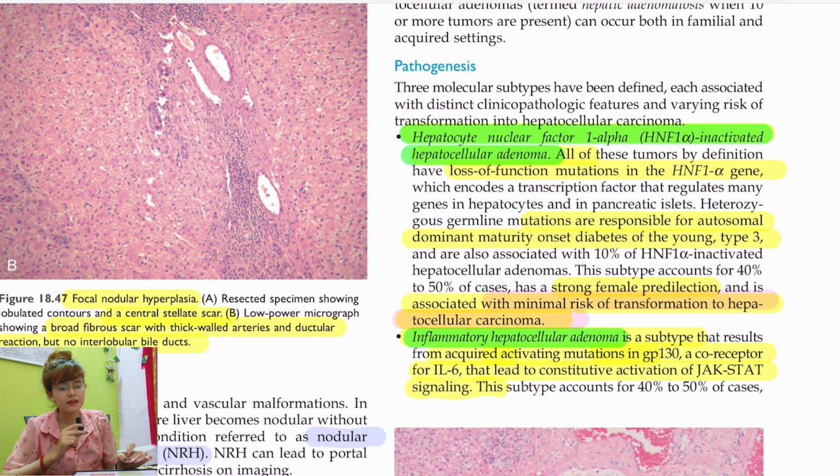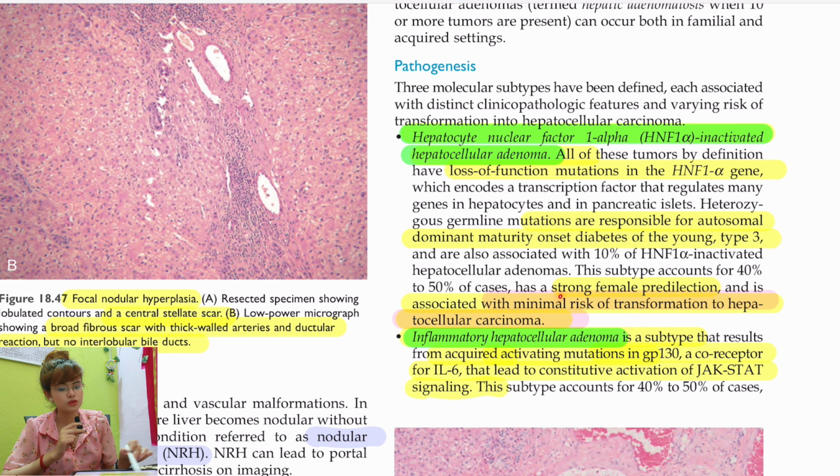Now we will discuss the various pathogenesis. There are important points here to note. Number 1 is the hepatocyte nuclear factor 1 alpha, the HNF1 alpha inactivated hepatocellular adenoma. So here there is loss of function of the HNF1 alpha gene, and these mutations are responsible for autosomal dominant maturity onset diabetes of the young, type 3.